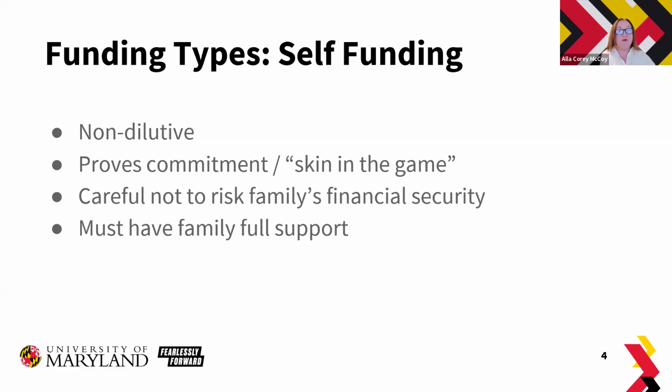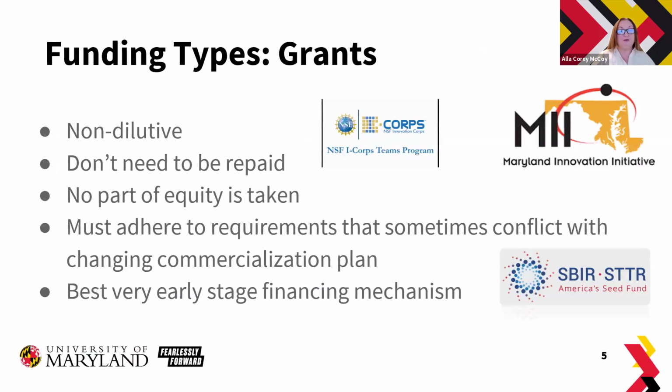You should be careful, however, not to risk your family's financial security. It's never a good idea to max out your credit cards or take out an extra mortgage on your house. So if you're using your savings, make sure that your spouse or your family is fully on board with that. You have to have full family support and approval for that. It is important though.